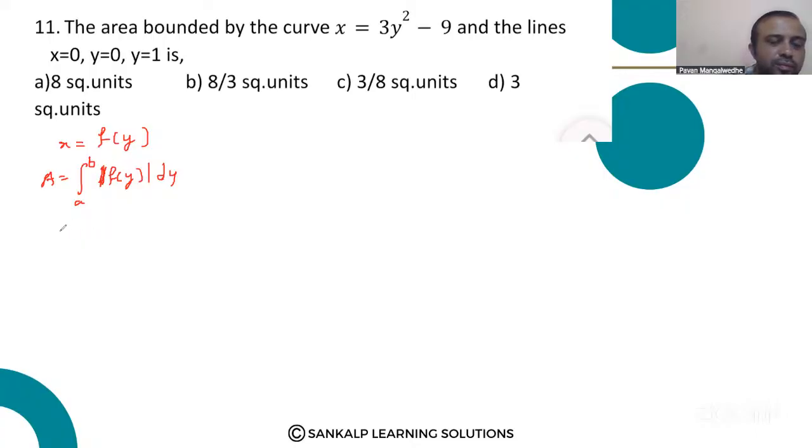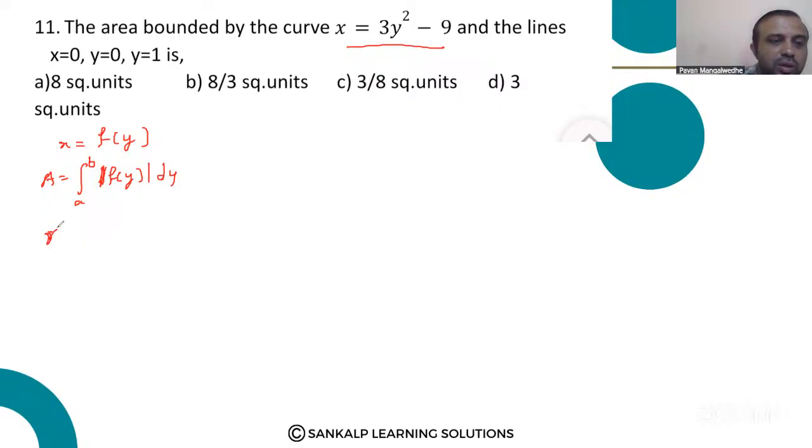Already we know that x is equal to 3y square minus 9. Okay. So the interval becomes 0 to 1.